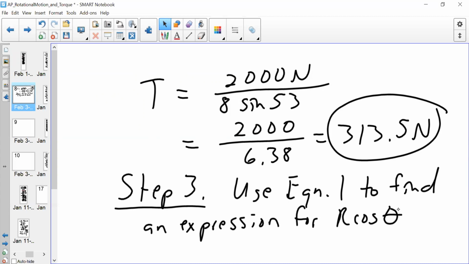In either case, you want to get something, because you have two unknowns. You have R cosine, you have R sine. Get an expression for one, substitute back into the one you didn't, right? Logic is your systems of equations that you see in algebra. You just now have to expand your viewpoint.